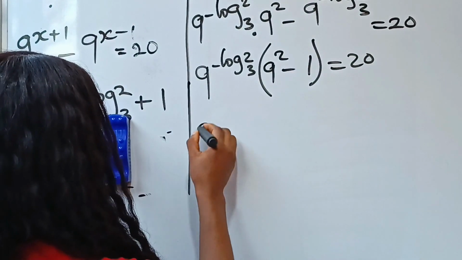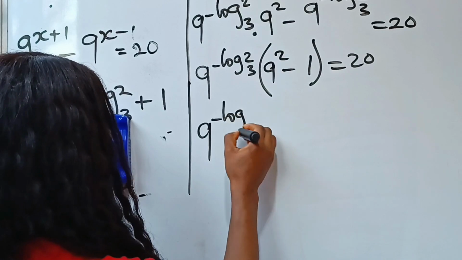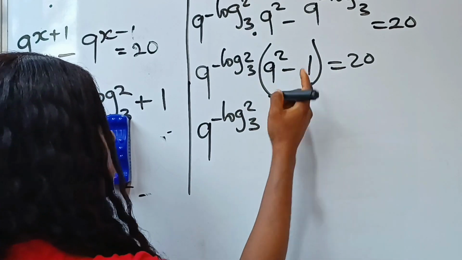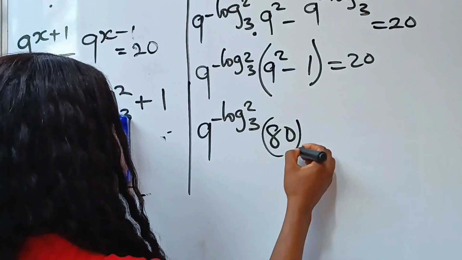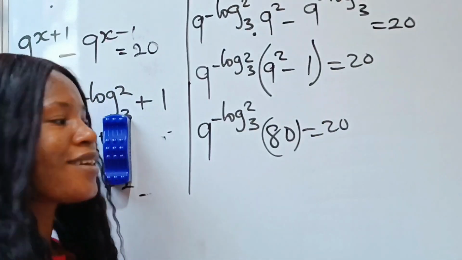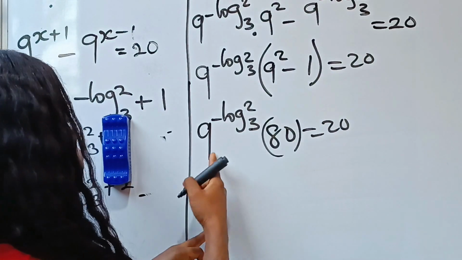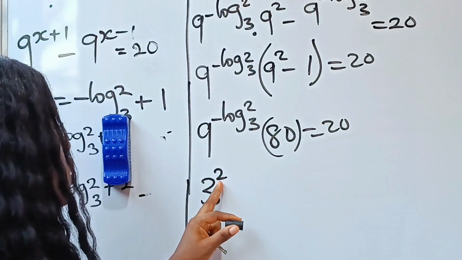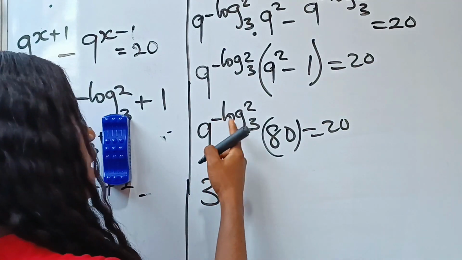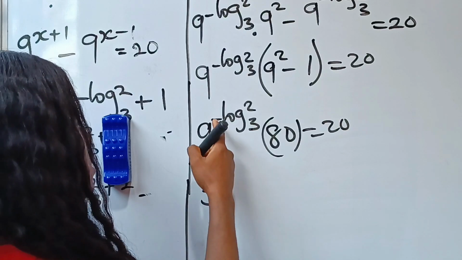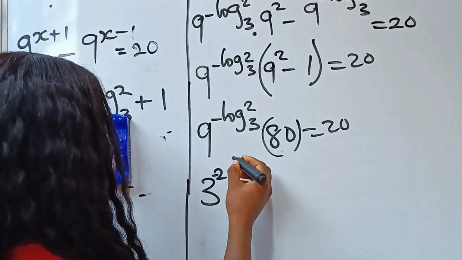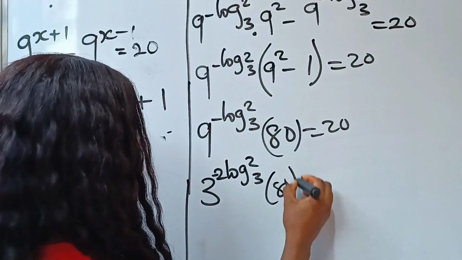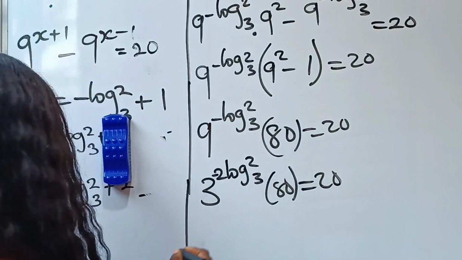So we have 9 to the power of minus log 2 base 3. 9 squared is 81. 81 minus 1 is 80. So I don't want to waste much time again. All right. Now, we can change this 9 to 3 to the power of 2, right? So this 2 is going to multiply minus log 2. So 2 times this minus 1 will give us minus 2, right? Log 2 base 3 multiplied by 80 is equal to 20.